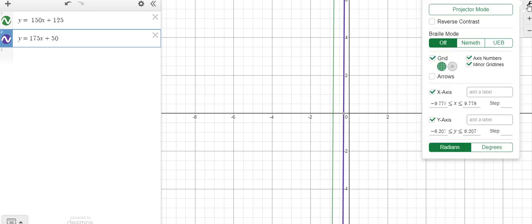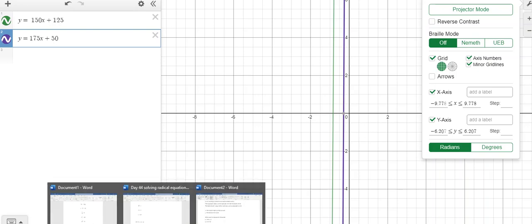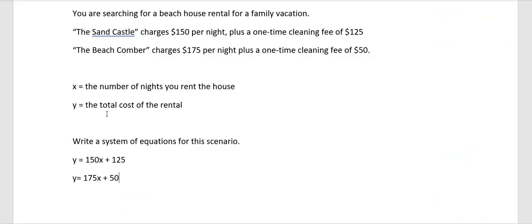You do that up here in the tools, in the graph settings. The first thing that you want to do is add a label. If you go back here, the problem tells you x represents the number of nights you rent the house, and y represents the total cost of the rental.